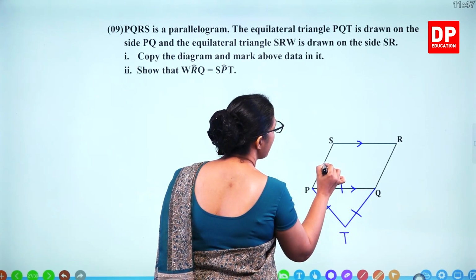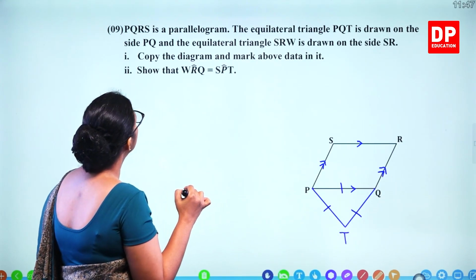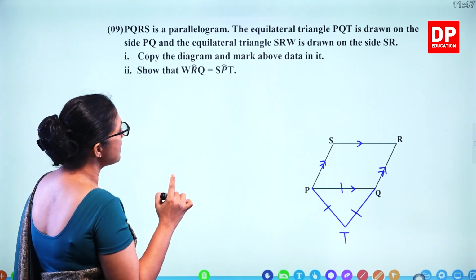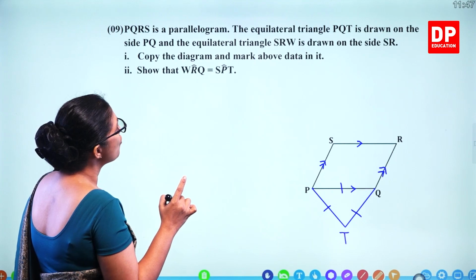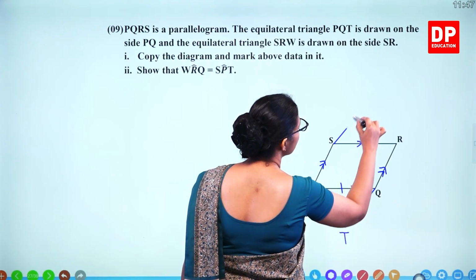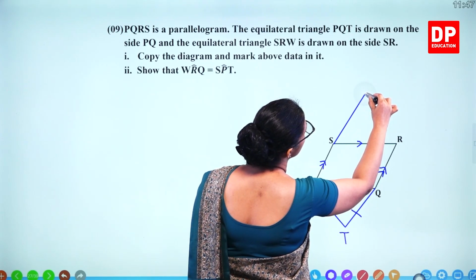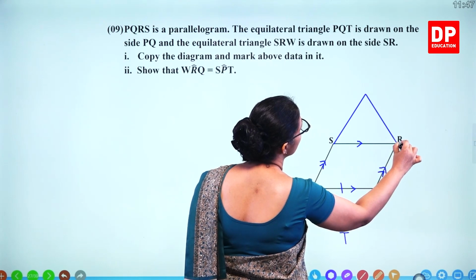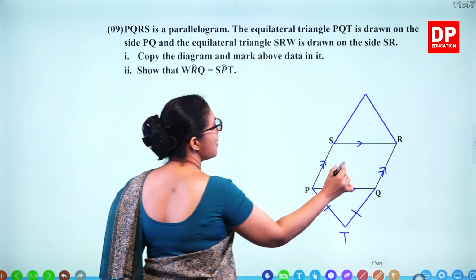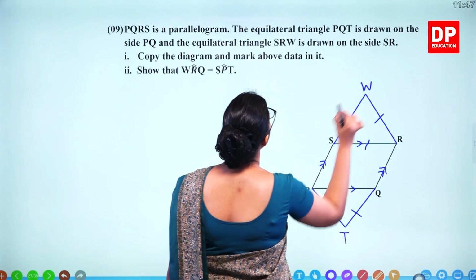You can mark parallel lines. Then equilateral triangle SRW is drawn on the side SR. So this side is the same as this side. So all these sides are equal. This becomes W.